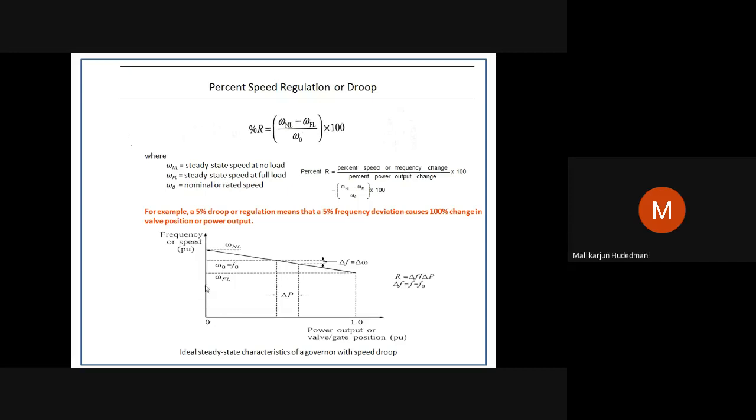It is a point omega NL. You can see here, the RPM at zero output means there is no load on the generator, it is just open. So its RPM is omega NL. Omega NL is the no load speed of the generator.